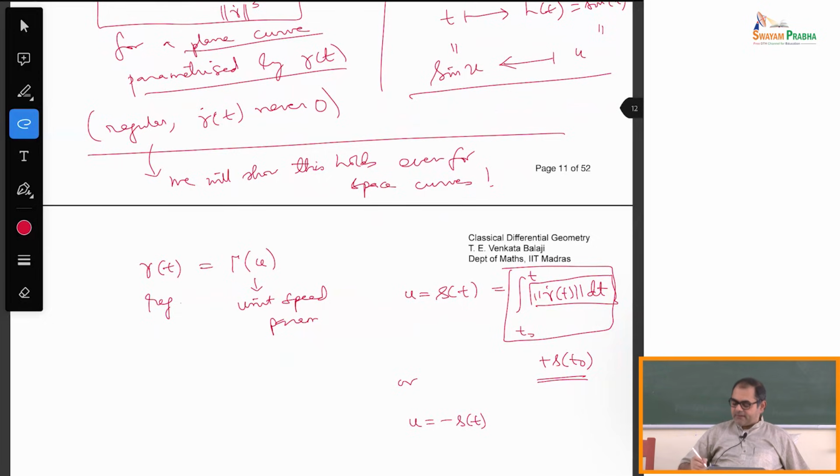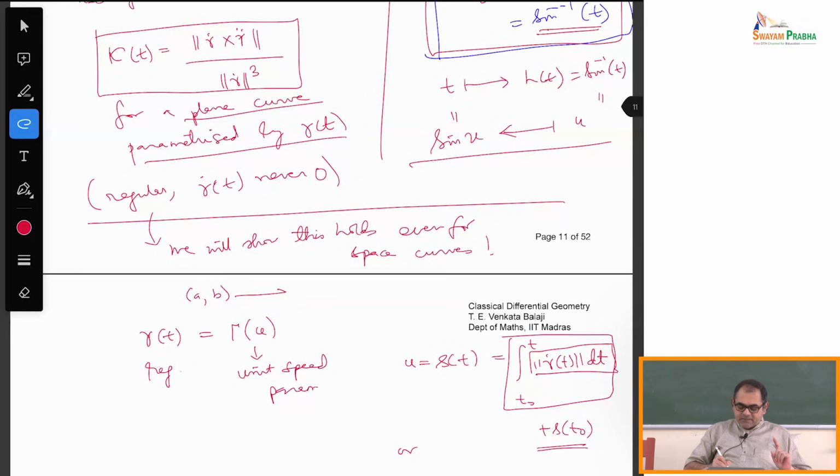Okay, and why does this minus sign come? That's because, you see, I told you that when you make this change of variable, you are making a change of variable like this. So let me remind you. Originally, your parametrization was going from an open interval (a, b) on the real line to R2, which was your gamma. This is t going to gamma of t.